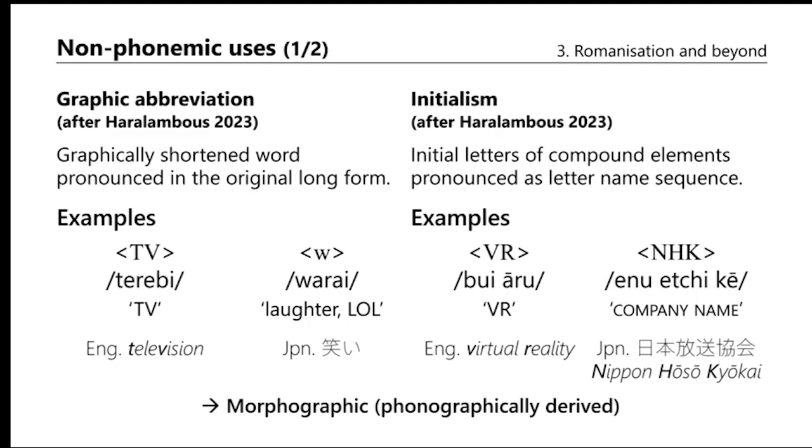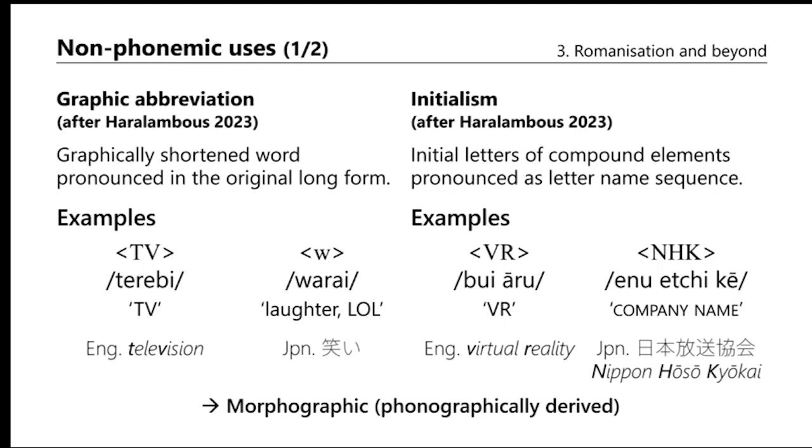So we can speak of a kind of morphographic representation, perhaps a polygraphic morphogram here. And the letter W is often used in online chat. It comes from warai, which means laughter, but it's the Japanese equivalent of lol in English.